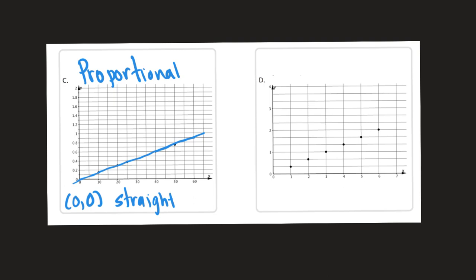Okay, this next one, if I draw that out, and you can go and grab a ruler and put it on your screen to see if the points fall in a straight line or not, if that's helpful for you. This one does go through 0, 0 though, and it is a nice straight line. So yay, it's proportional.